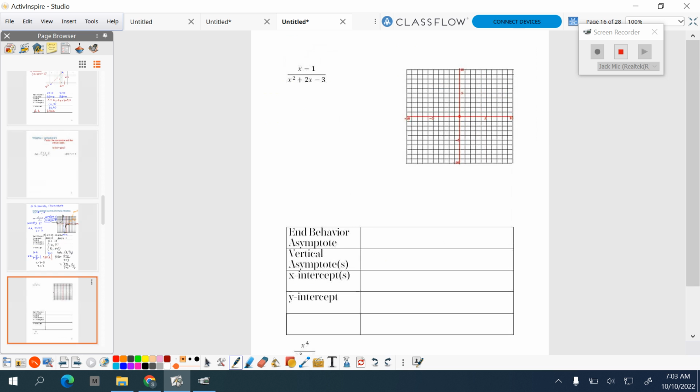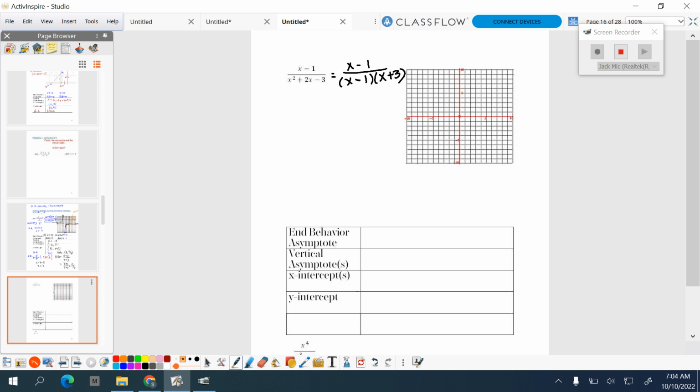So this next one, I actually will be using Desmos to graph this. So just factoring out x minus 1, I get x minus 1 times x plus 3 as my factors.